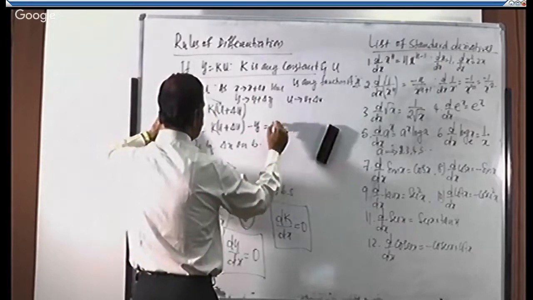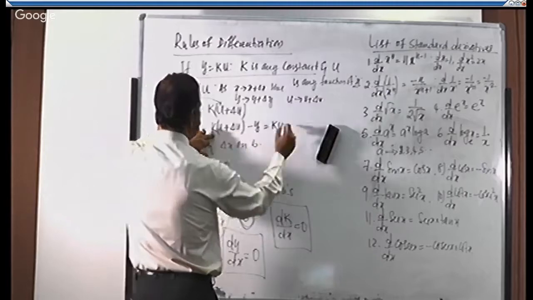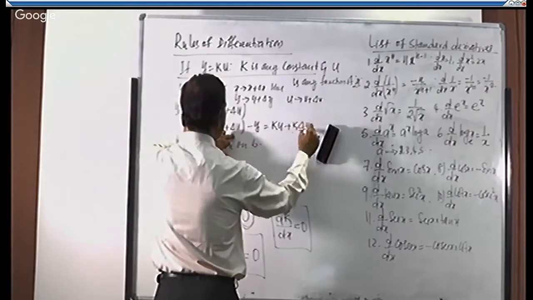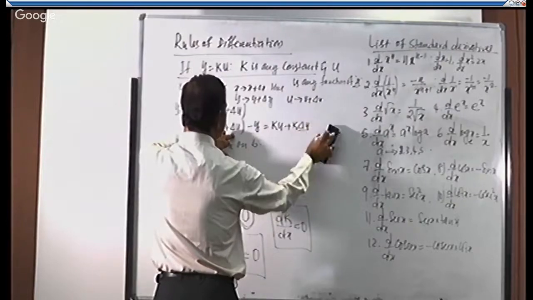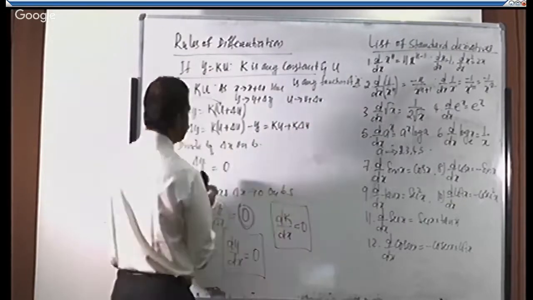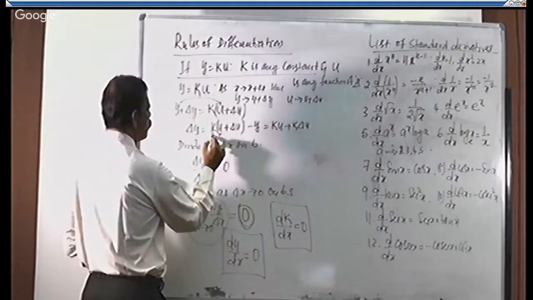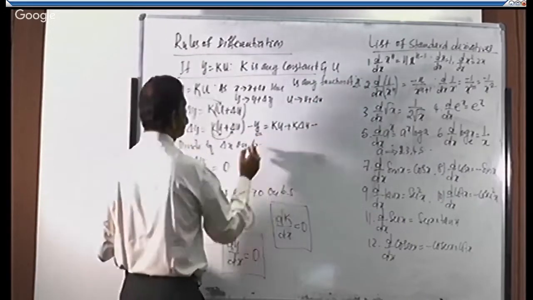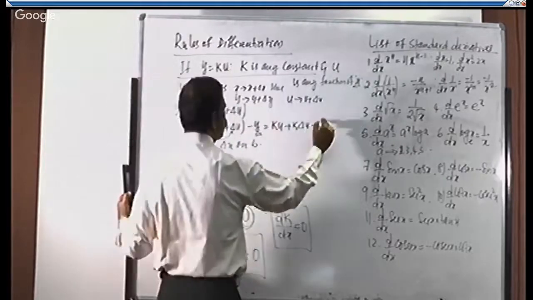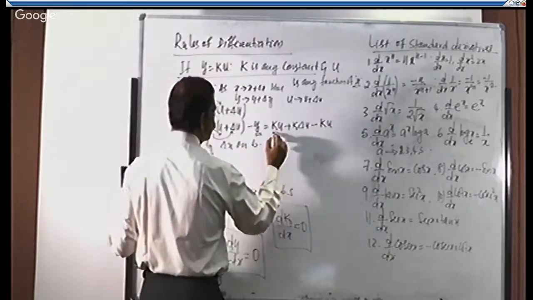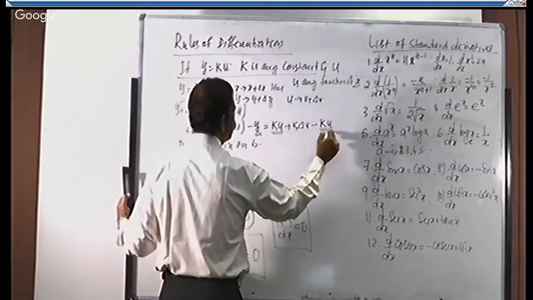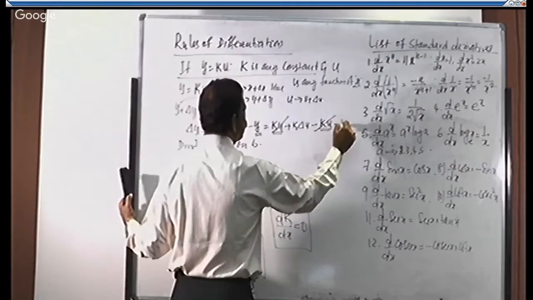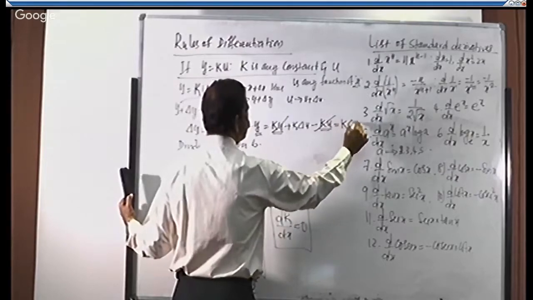Just multiply it: k into u plus k into delta u, minus y. Y is equal to ku, so plus ku minus ku gets cancelled. What is the final term? k into delta u.